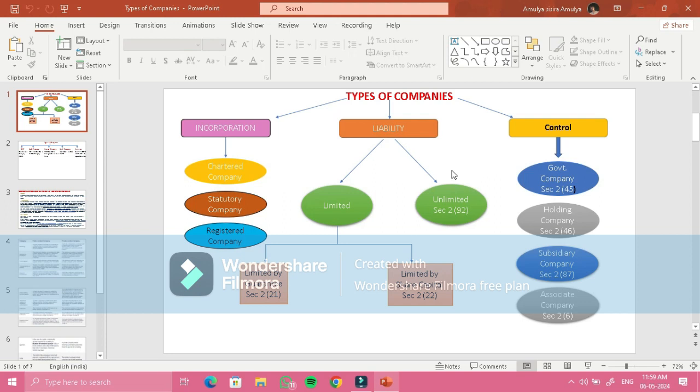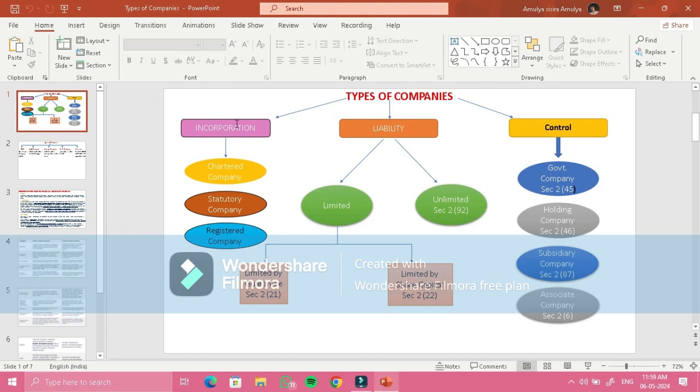Many aspects are there, and depending upon the basis, these types of companies are differentiated. Majorly, types of companies will be depending on the basis of incorporation, liability, and control.